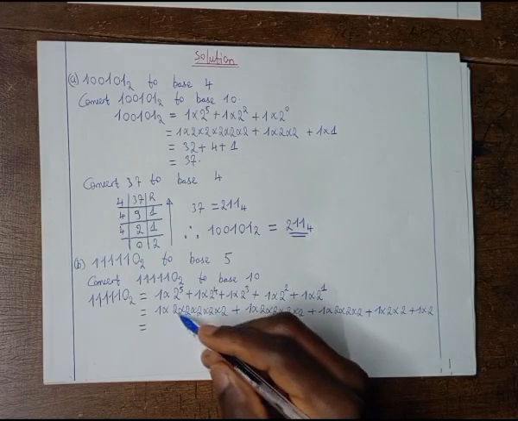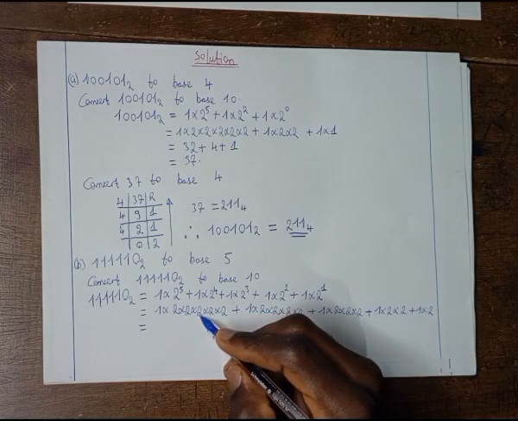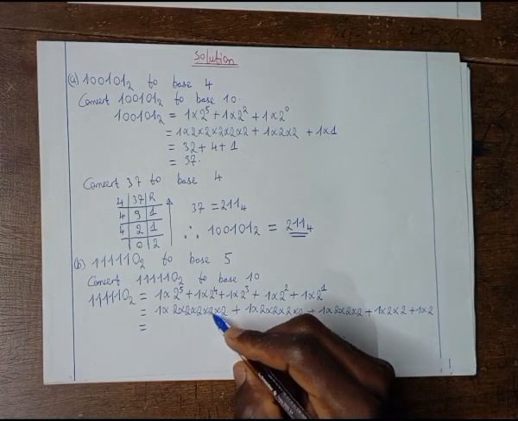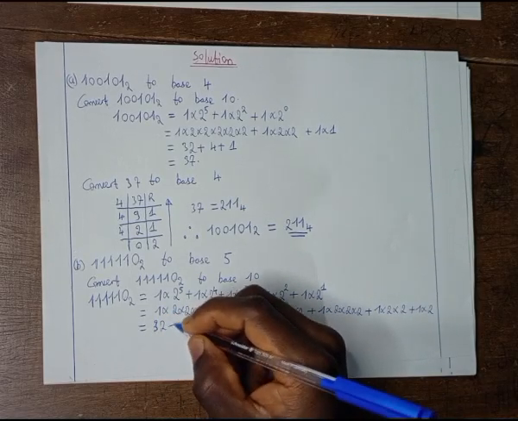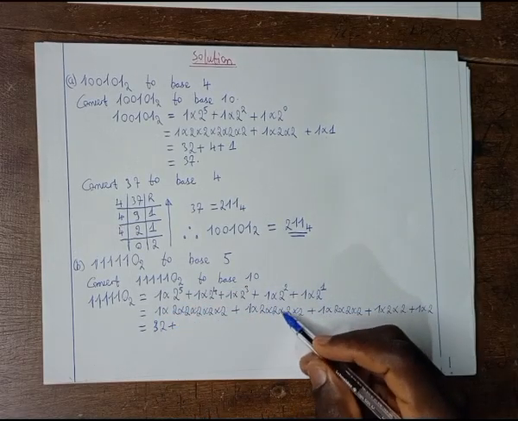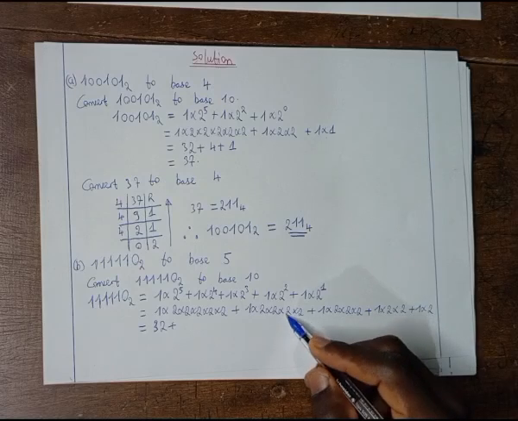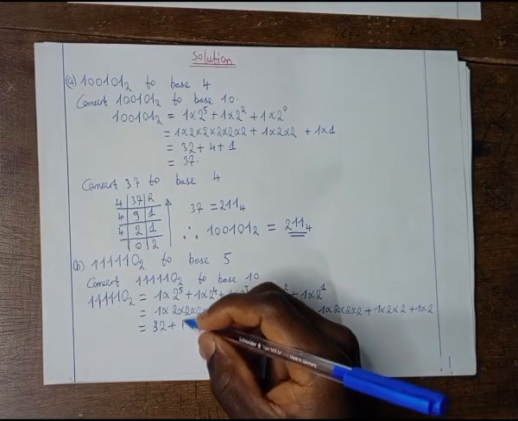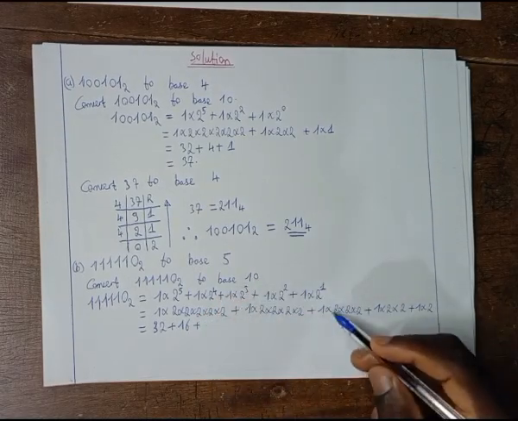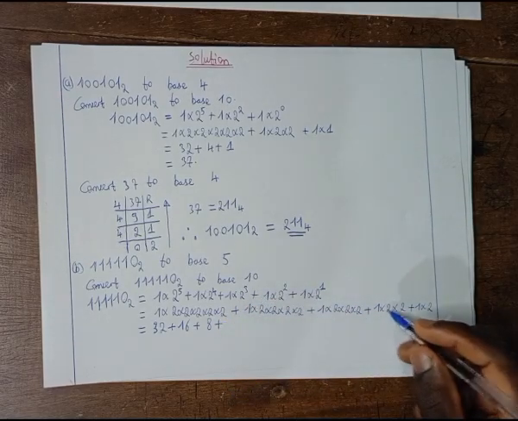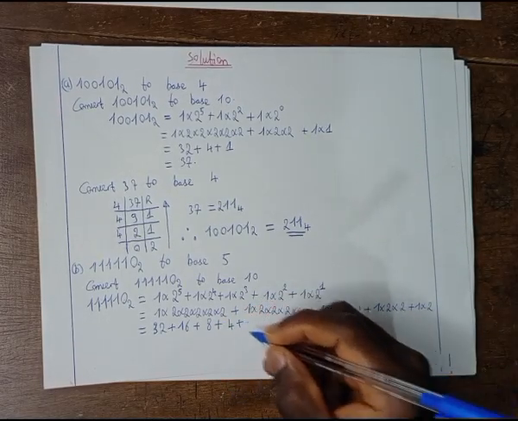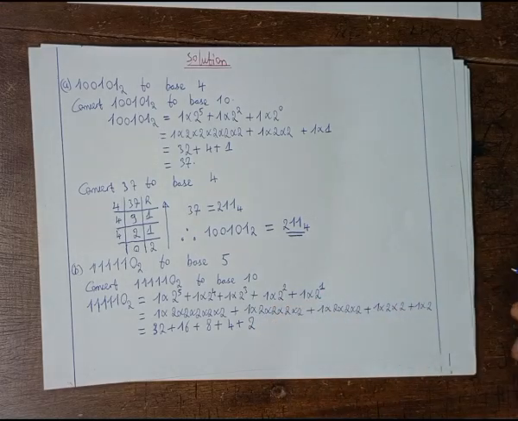1 times 2 gives us 2 times 2 4 times 2 8 times 2 16 times 2 32 plus 16 plus 8 plus 4 plus 2.